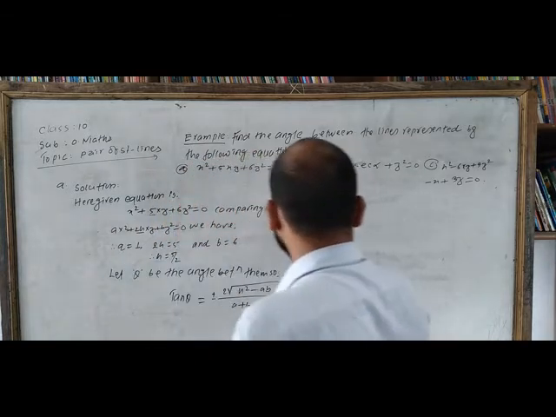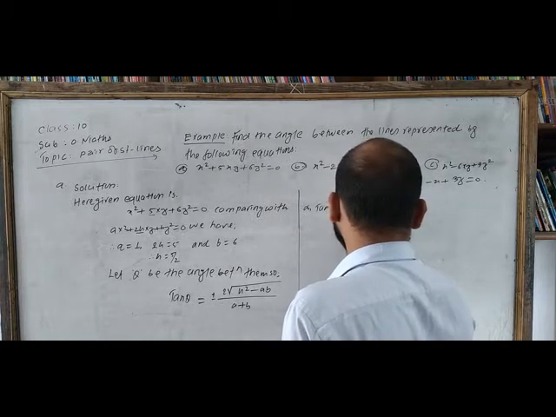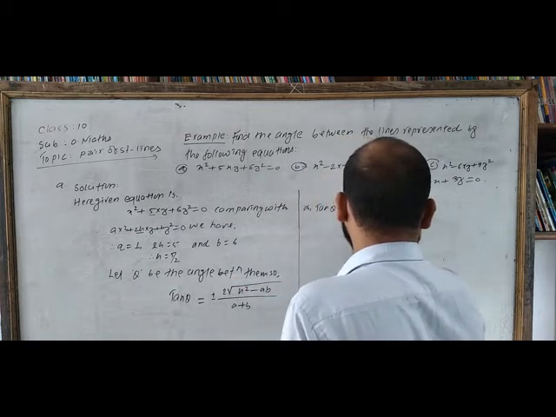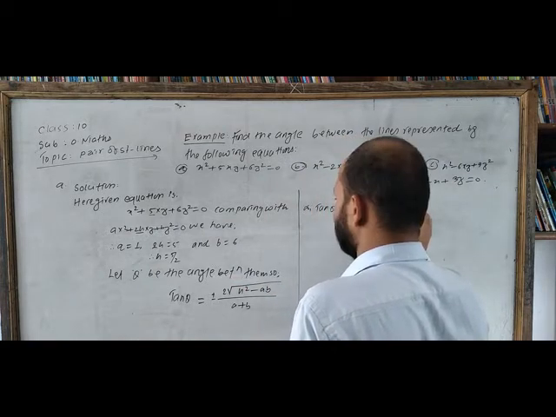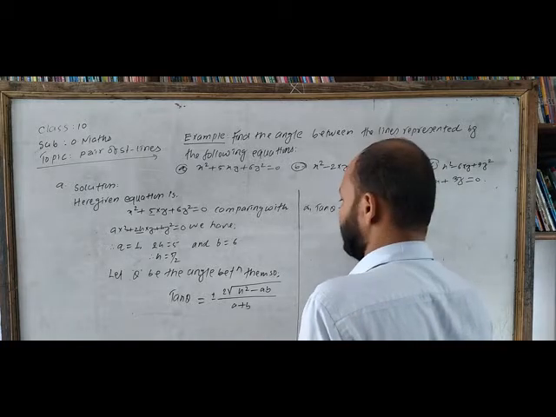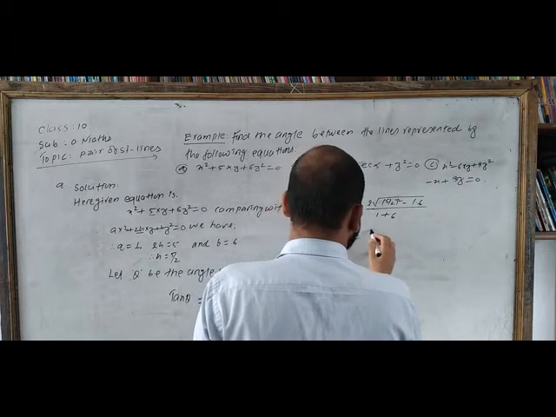Now use the formula. Therefore tan theta is equal to plus minus 2 root under (5 by 2) square minus 1 into 6, by 1 plus 6. In this way you should find it.